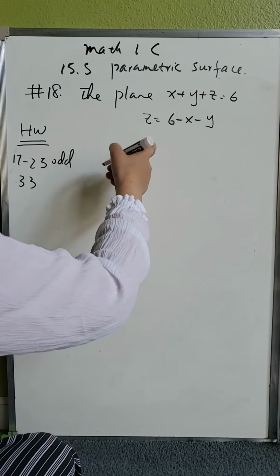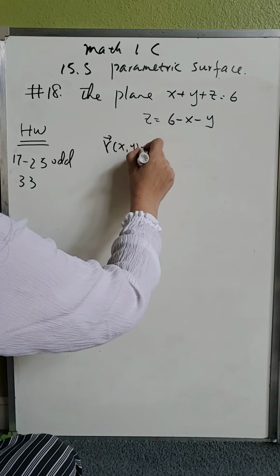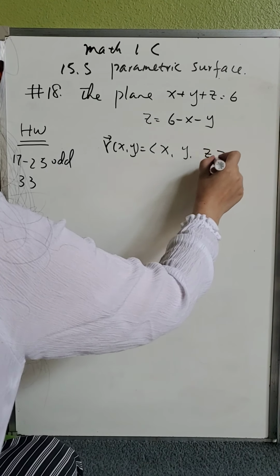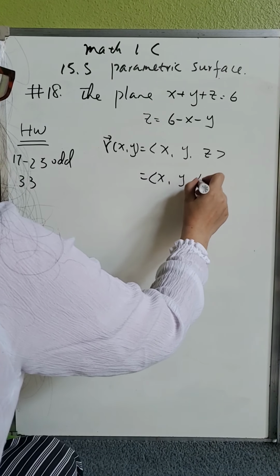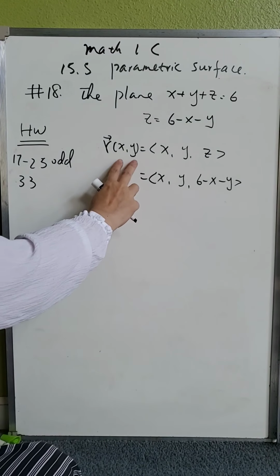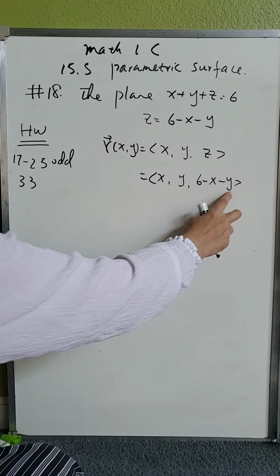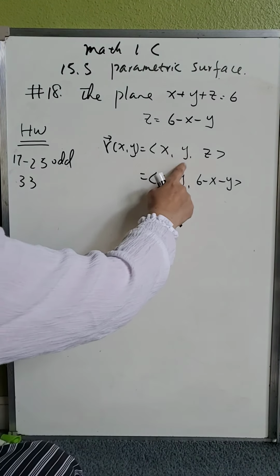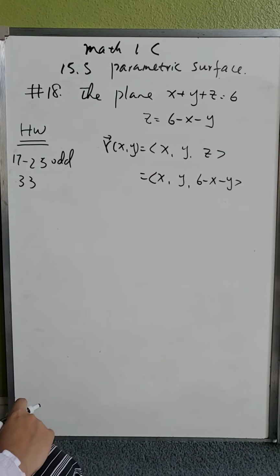Just use R(x,y) equal to x, y, z, and convert the z, so it becomes x, y, 6 minus x minus y. If it's x, y here, then everything will be in x and y only, so z needs to be converted in terms of x and y. That's all you need to do.